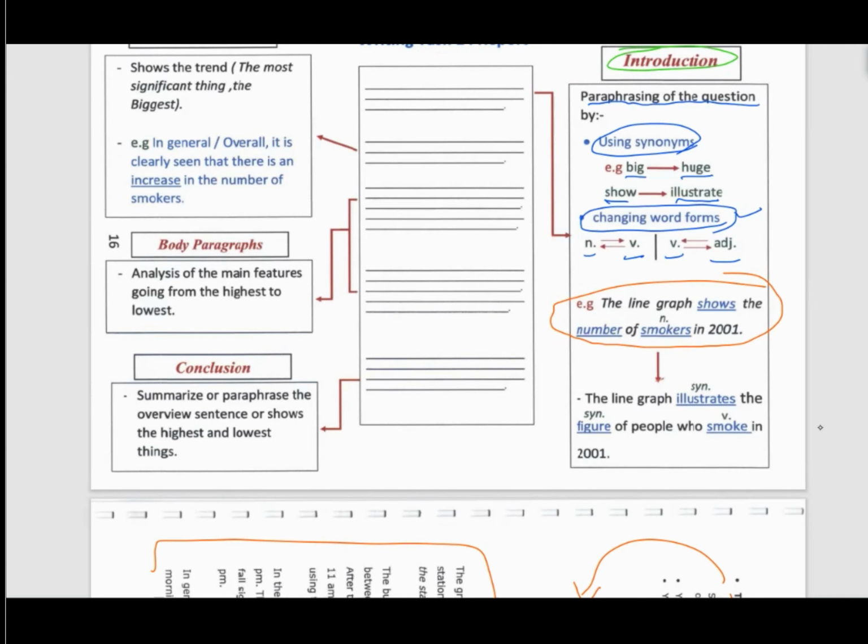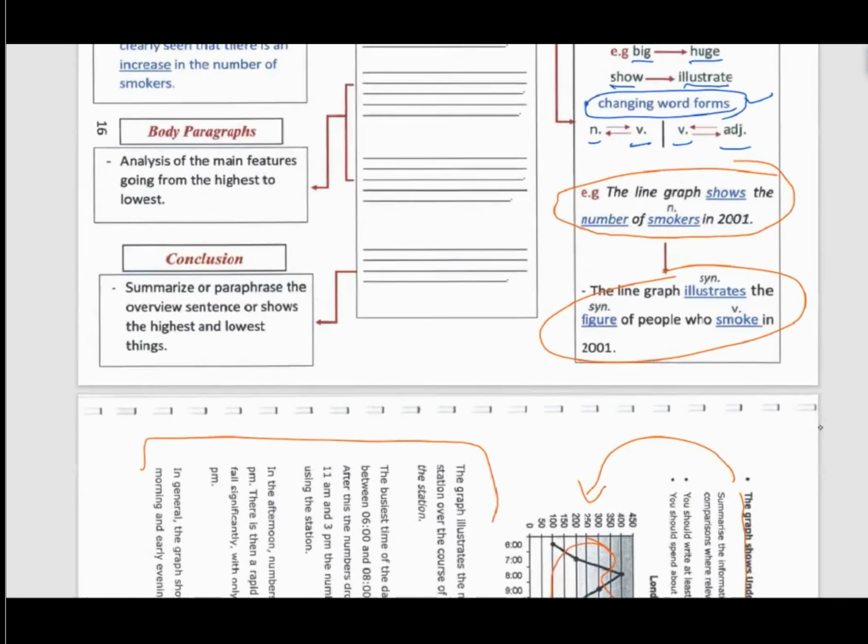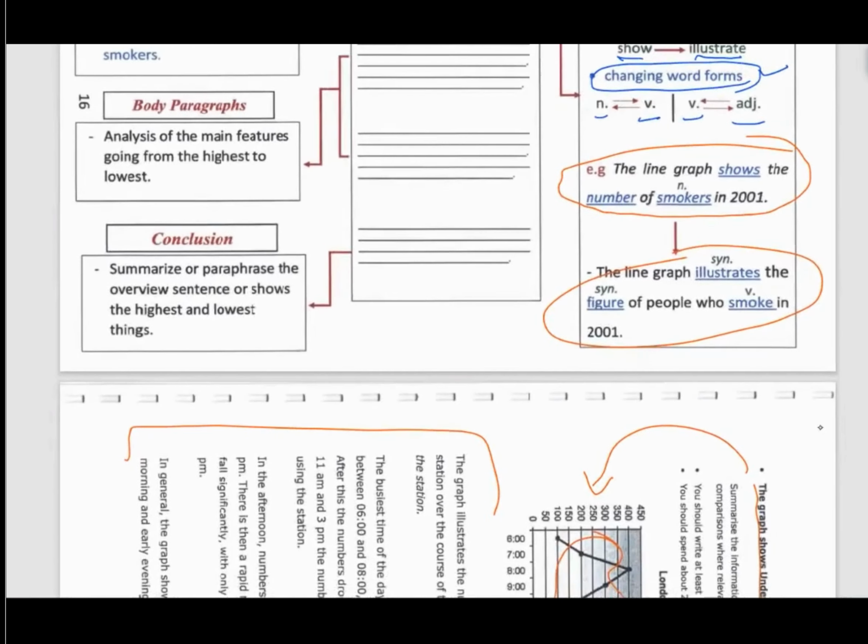This is the paraphrasing. See how it is paraphrased? The line graph illustrates the figure of people who smoke in 2001. Actually, here you need to add D, who smoked. Please add D because it's in the past.